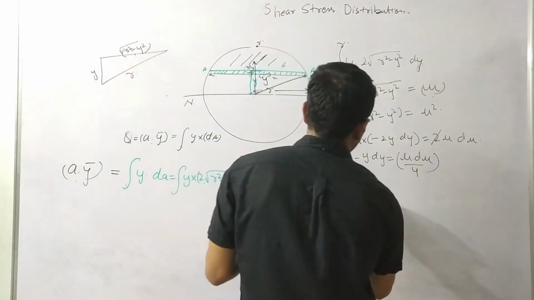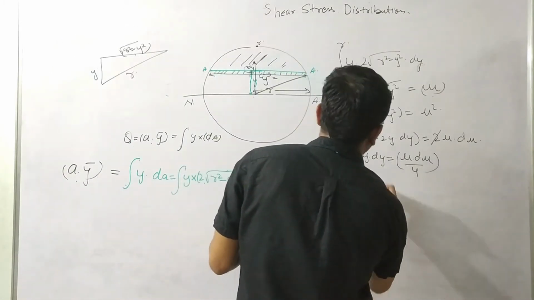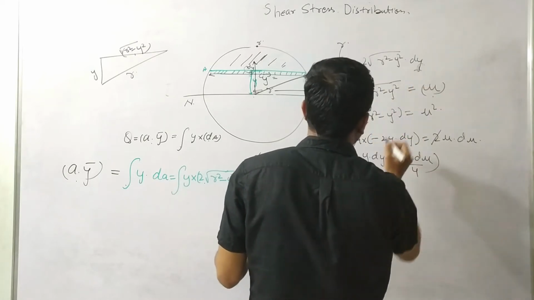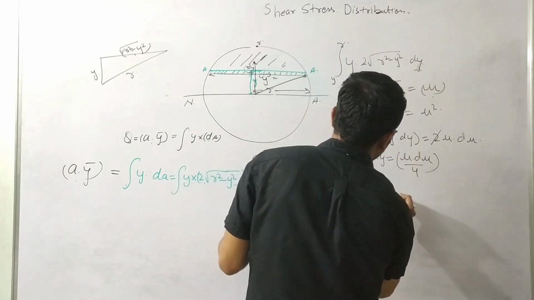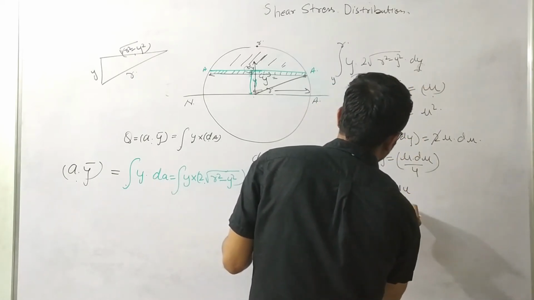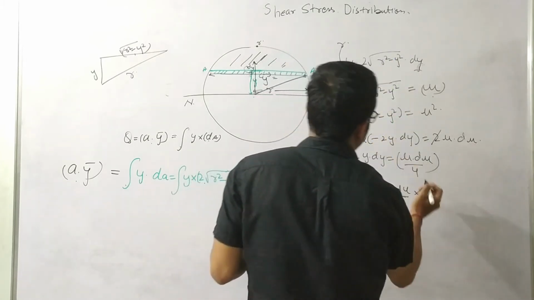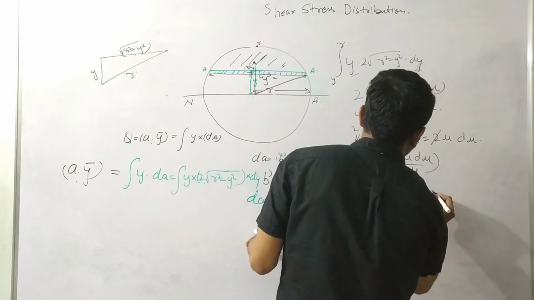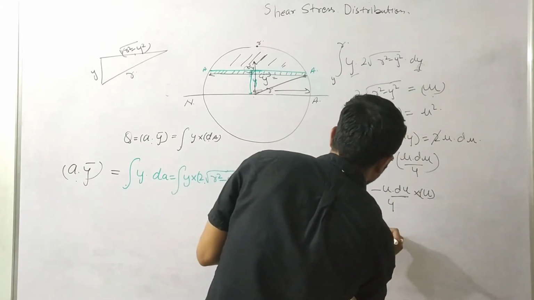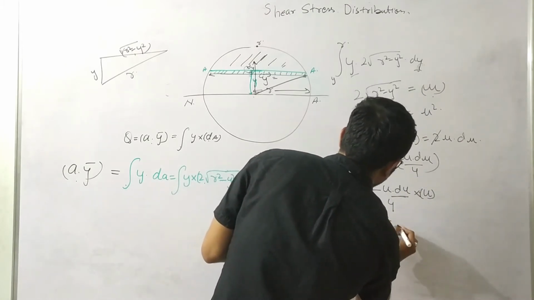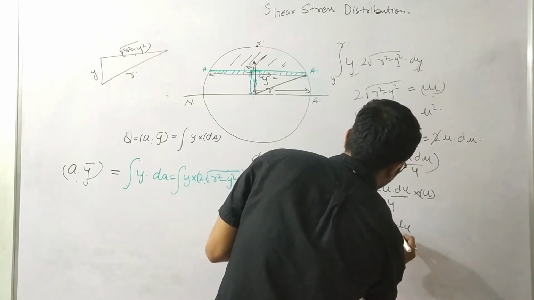So this expression will look like y dot dy is equals to minus u dot du upon 4. Okay, and this term 2 under root r square minus y square we already know is u. So my expression will be u square into du over 4.